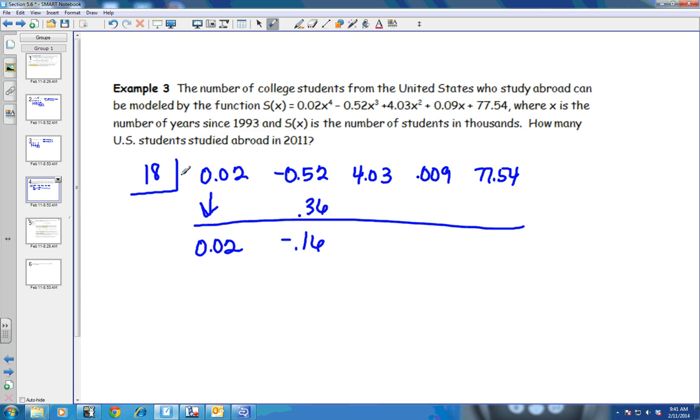Negative 0.16 times 18 is negative 2.88. 4.03 and a negative 2.88. Let's see, 4.03 minus 2.88 is 1.15.